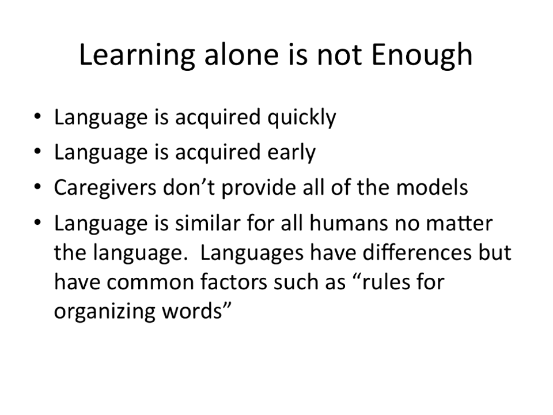So it has to be something natural and innate because we pick it up so quickly. And it is learned so early. And caregivers don't provide all the models. And they said that language is similar for all humans. Remember, nativists believe there are universals in language, and that there are more similarities in languages. I mean, they base their theories on similarities in all language. Behaviorists base their theory on differences in language because it's the environment, and every environment is different.